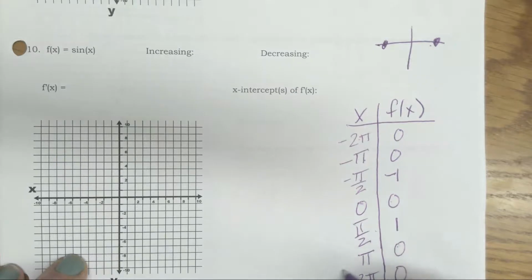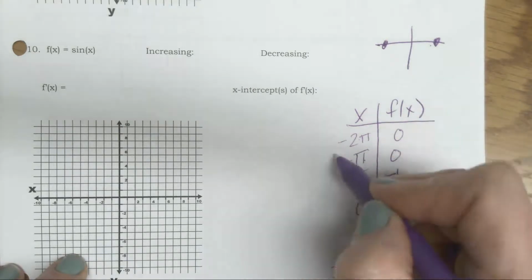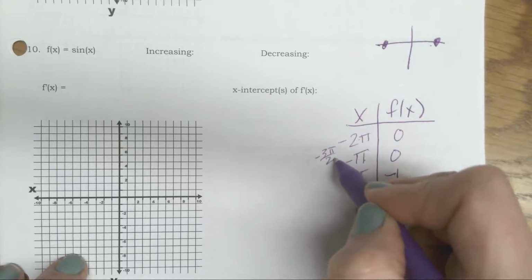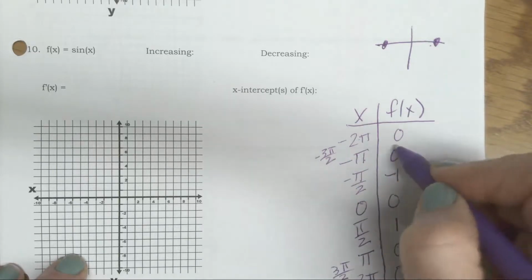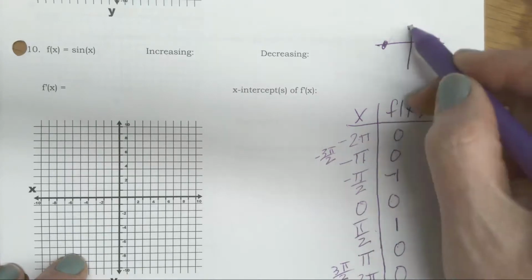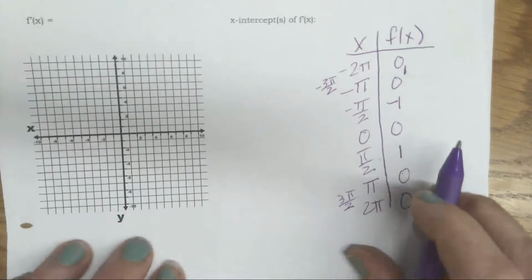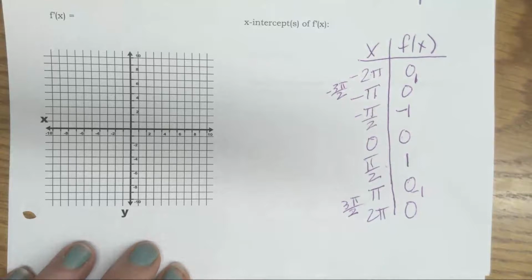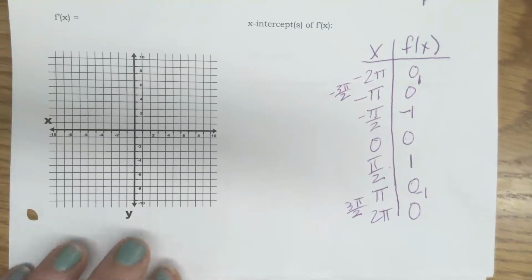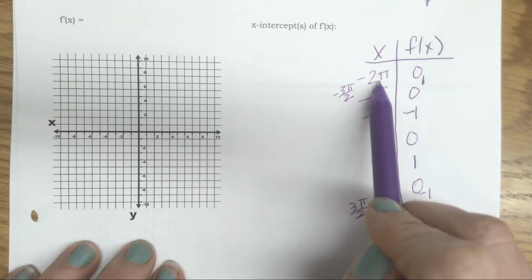I should have stuck in here 3 pi over 2, and I think I'm going to. And negative 3 pi over 2, just to give me a little bit of assistance. Negative 3 pi over 2 would be up here, so that's 1. And positive 3 pi over 2 would be down here, so that one's negative 1. Good? All right.